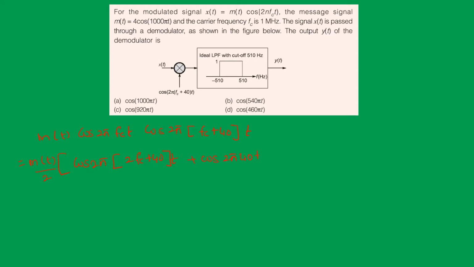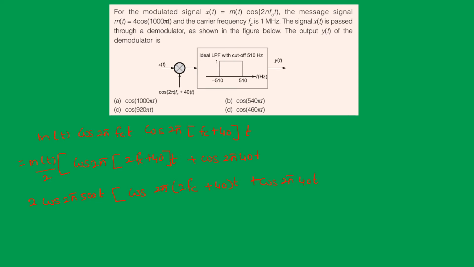We know what m of t is. m of t is nothing but 4 cos 1000 pi t. We substitute that here, writing m of t as 2 pi 500 t. So we get 2 cos 2 pi 500 t into cos 2 pi 2 fc plus 40 into t plus cos 2 pi 40 t.